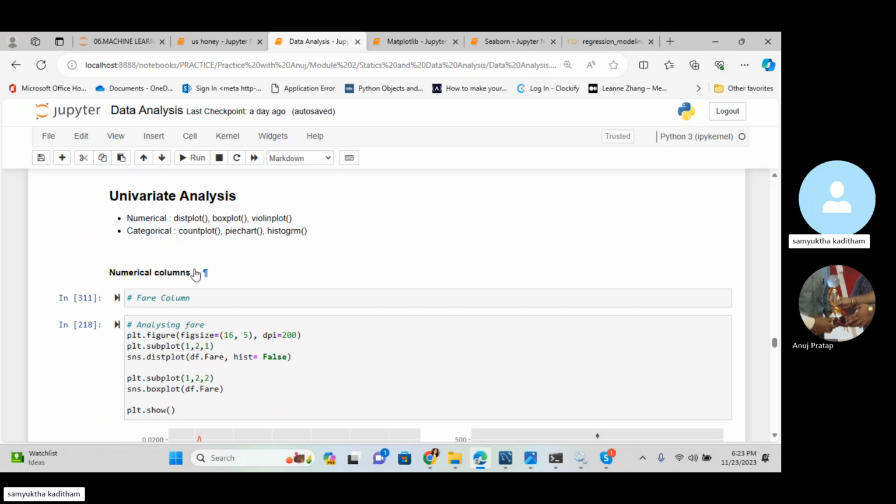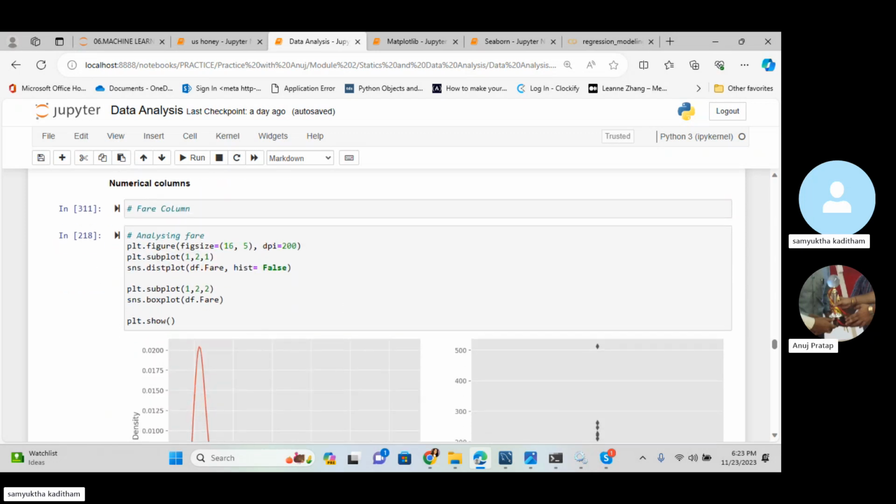Then univariate analysis. Single columns, single features, we are taking now. If the column is numerical, we can use a distribution plot, box plot, violin plot. If it is categorical, then count plot, pie plot, histoplot.